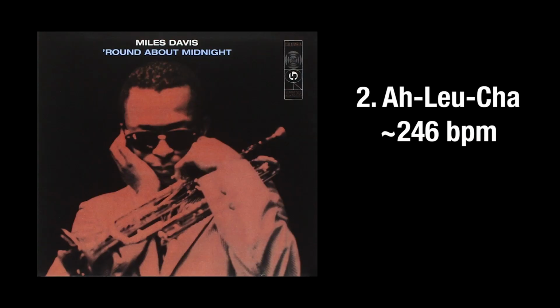It's not like a triplety swing, because that's not what he's doing. It's not perfectly straight, but to my ears it's a lot closer to straight than it is to a triplety swing. At this tempo, the feeling of swing almost comes more from the accents than from the actual delaying of the upbeats.